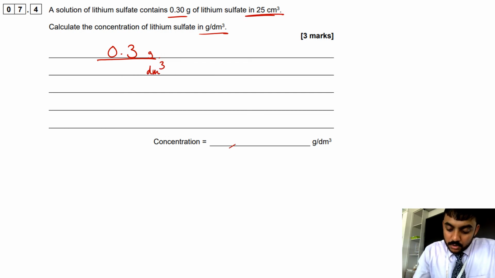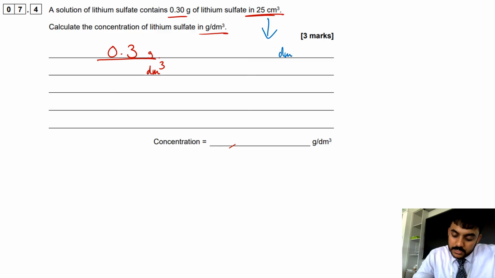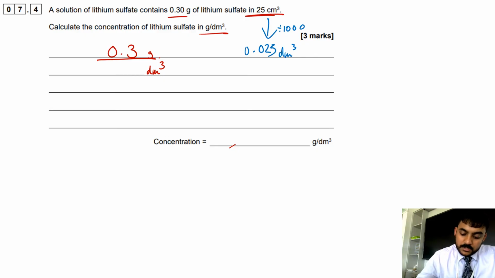However, the volume is given in centimeters cubed. This is the only subject where you have to convert centimeters cubed into decimeters cubed. And to do that, you divide by 1,000. Dividing by 1,000 gives you 0.025 decimeters cubed.